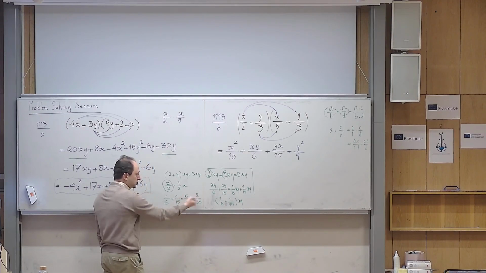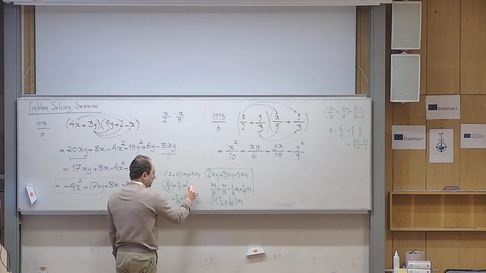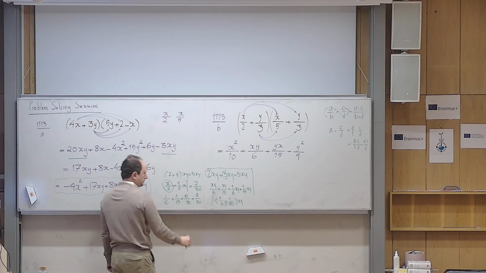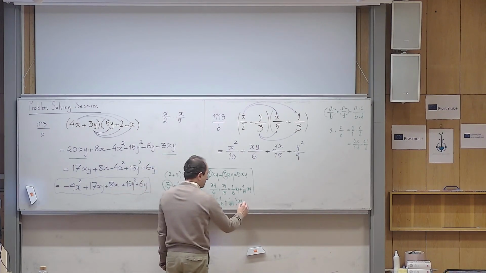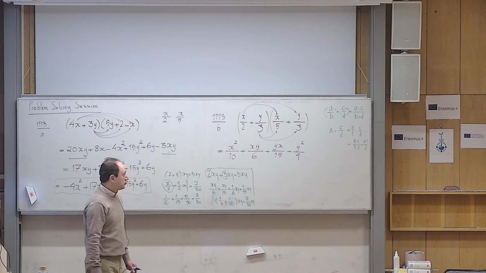And then you can see that 5 plus 2 is 7, so it becomes 7 over 30. So I would write 7 over 30 xy. So that is the answer.